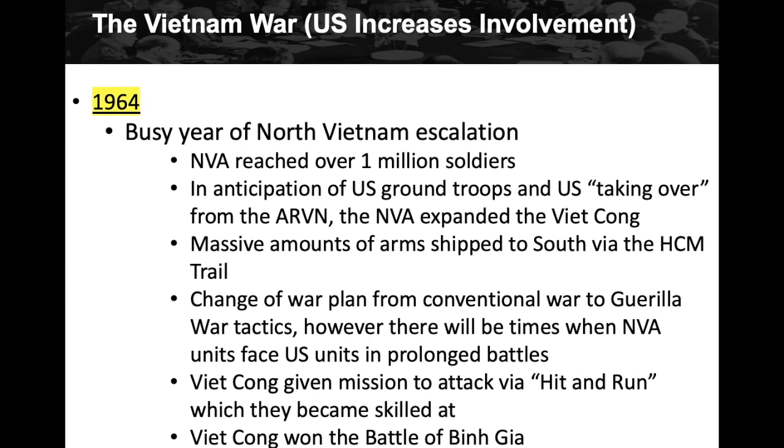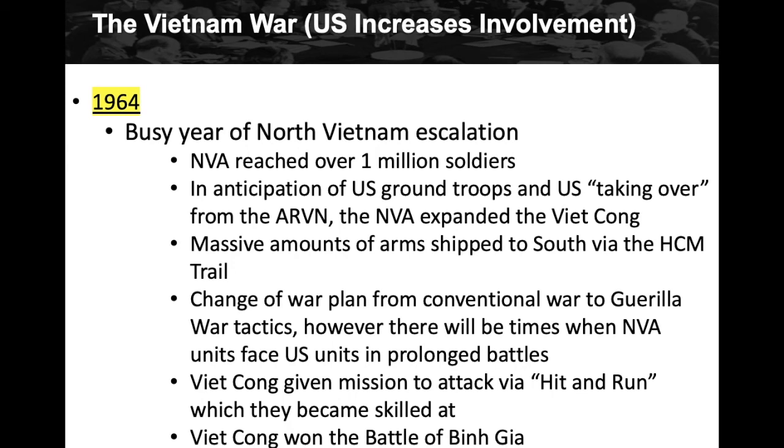But the overall war plan changed to where it was a lot more guerrilla warfare tactics, and that's what you think of a lot of times with Vietnam. The soldiers are out in the jungle, they don't even see the enemy, who shoots and kills somebody. There's a short, quick battle, and then the enemy disappears. A lot of that happened in Vietnam.